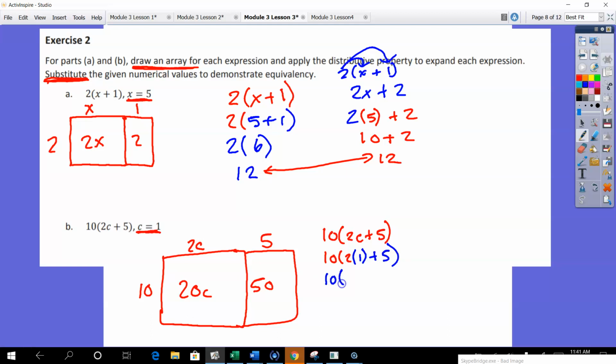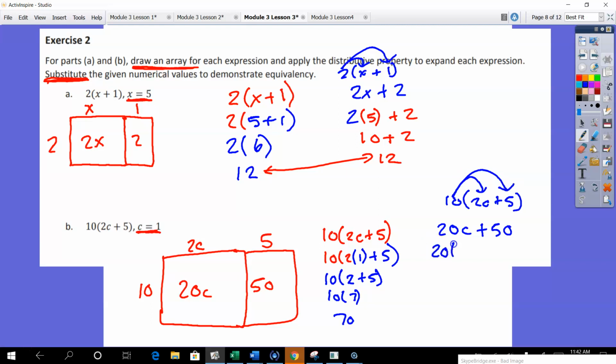So 10 times 2 times 1 is 2 plus 5. 10 times 5, 6, 7 is 70. And then inside of our boxes we had 20c plus 50. The distributive property, we showed that. 10 times 2c is 20c, and 10 times 5 is 50.